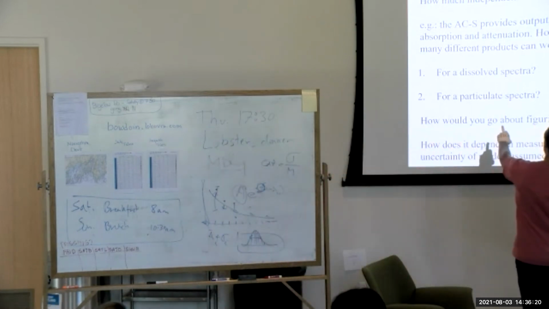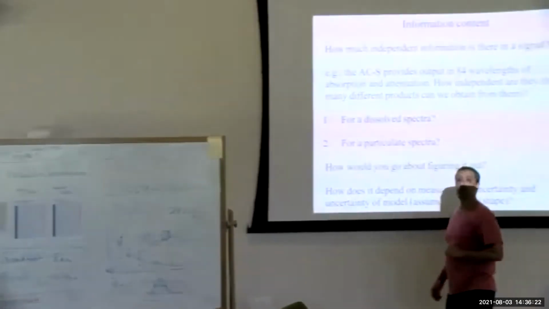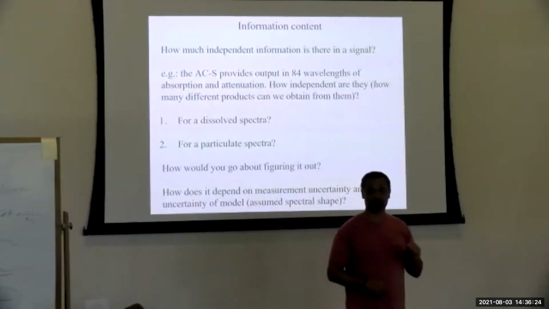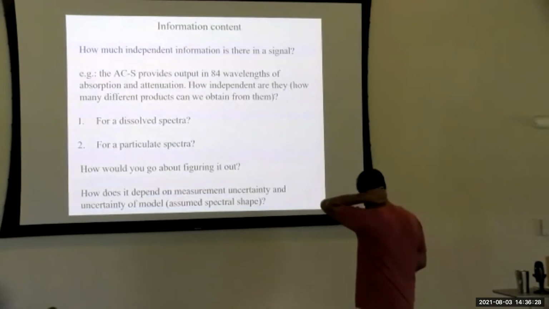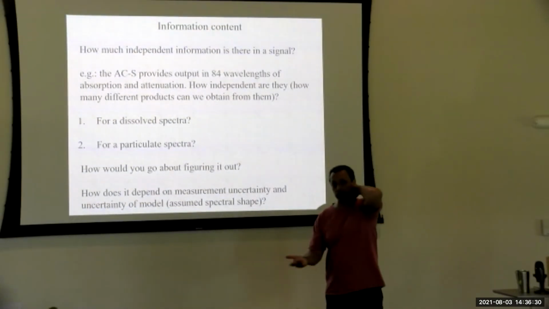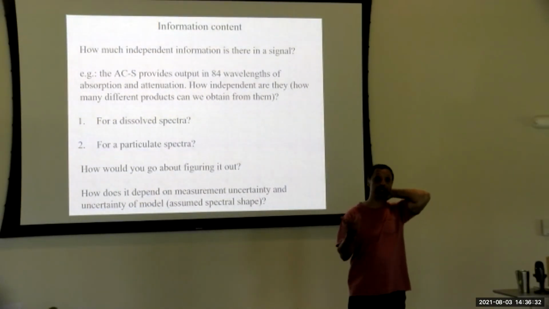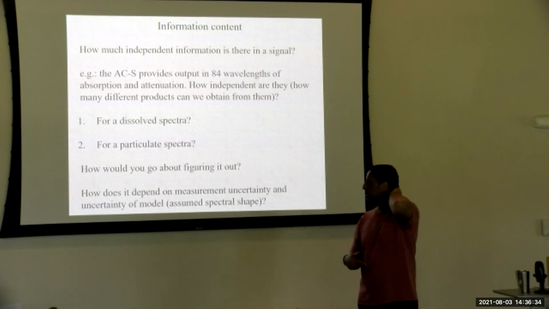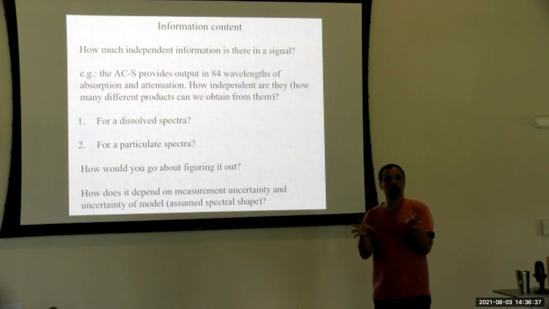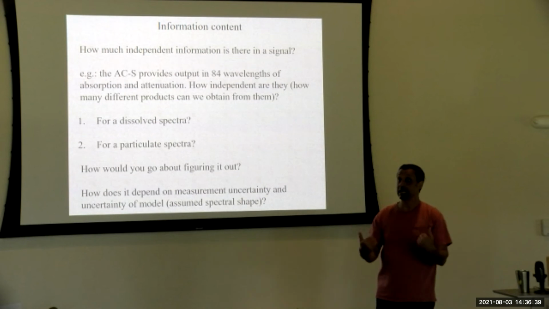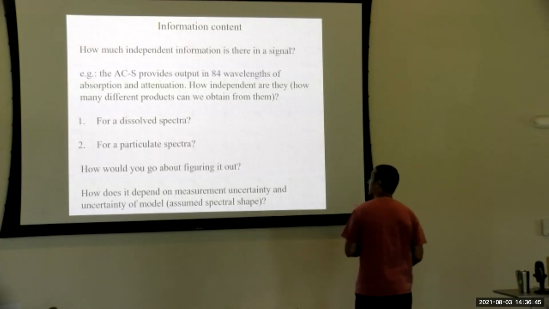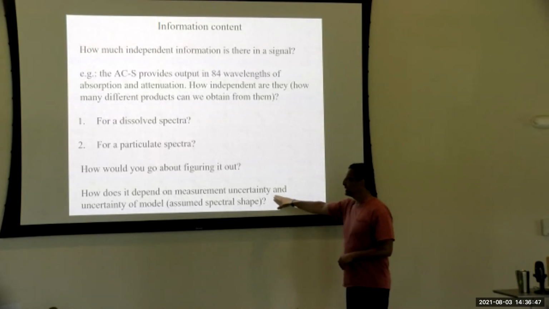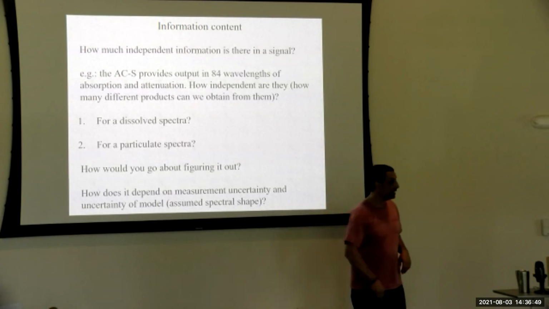Now, what about a particular spectrum, and how would you go about doing it? There's a whole theory in atmospheric science, and one of its early practitioners wrote a book about it, from 1977. I forgot to bring the book with me, but it looks statistically at how much information one can get from a spectrum, and how it depends on the measurement uncertainty and uncertainty in the model.